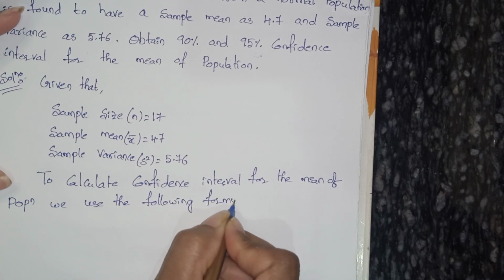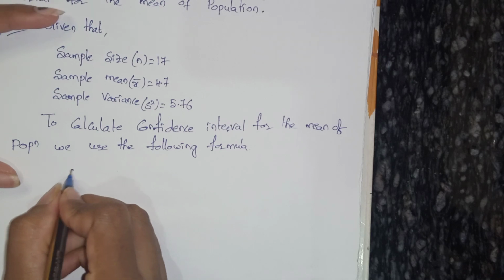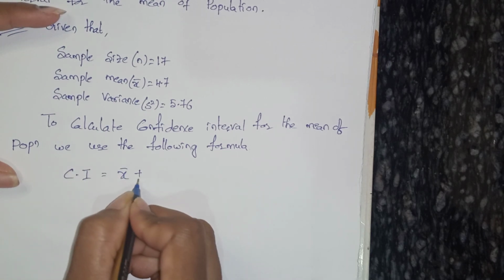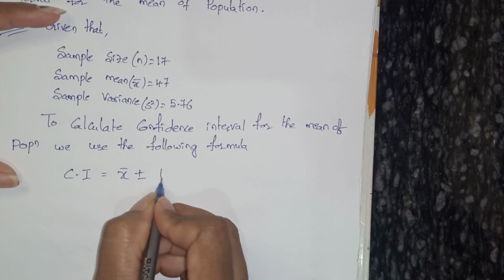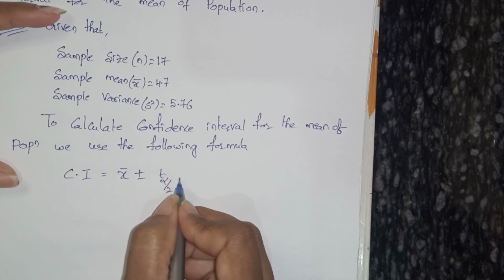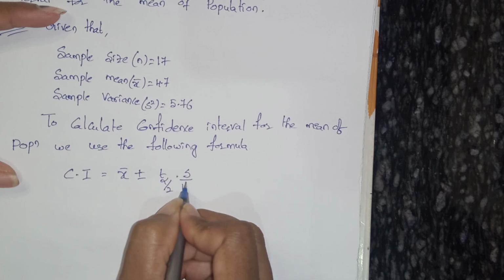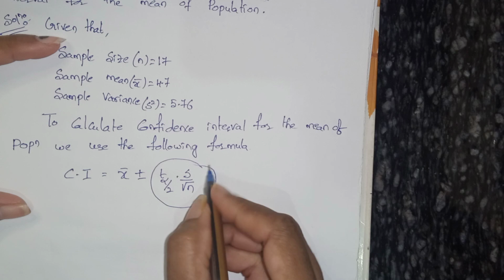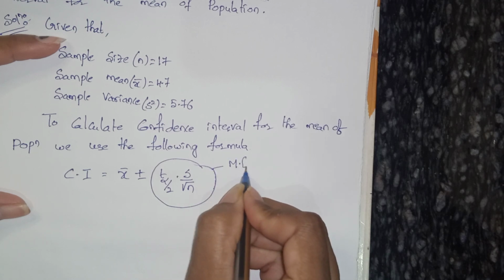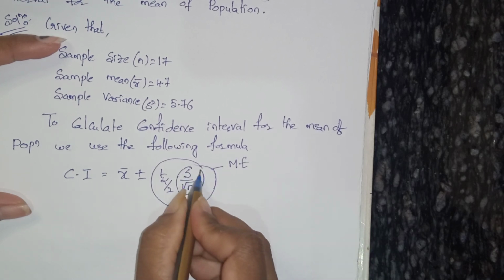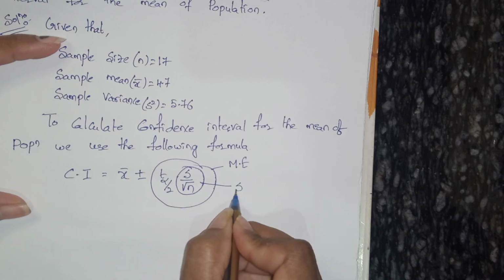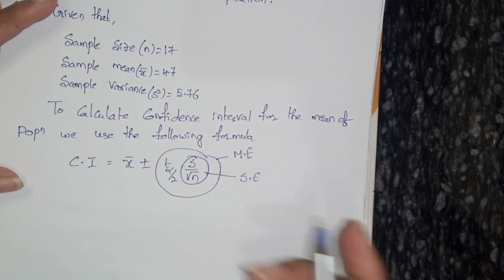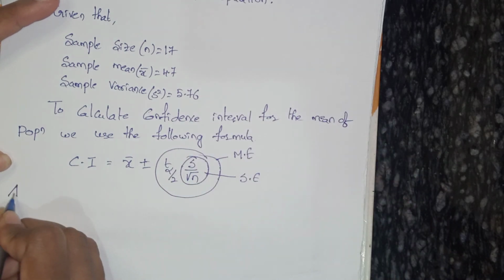That is nothing but confidence interval equals x bar plus or minus t alpha by 2 into s by root n. Okay, so this full term is called as what? Margin of error. Only this term is called as what? Standard error.